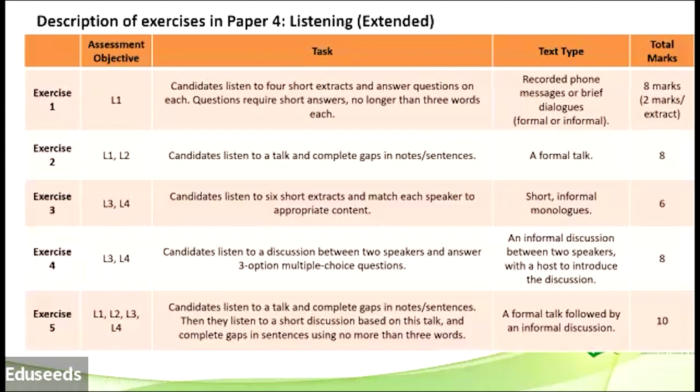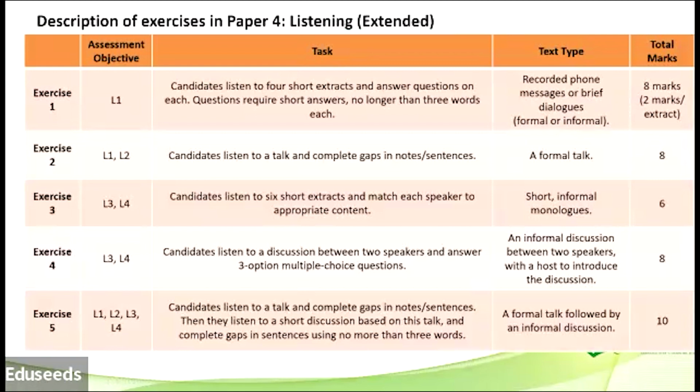For exercise 4, you will listen to a discussion between 2 speakers and answer 3 multiple choice questions. This is an informal discussion with the host to introduce the discussion. Marks allotted for exercise 4 will be 8 marks.